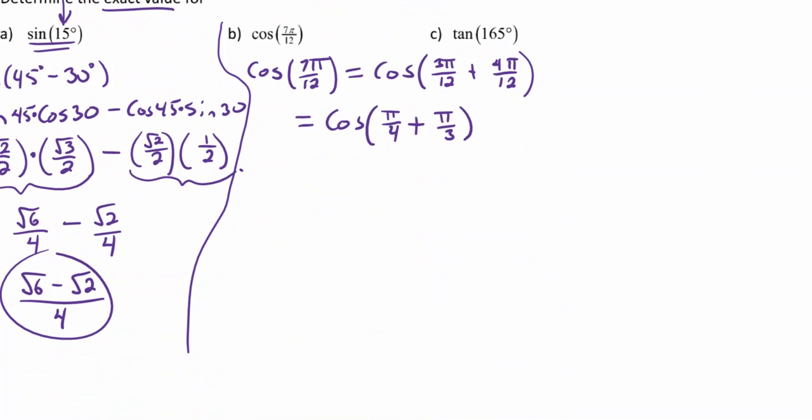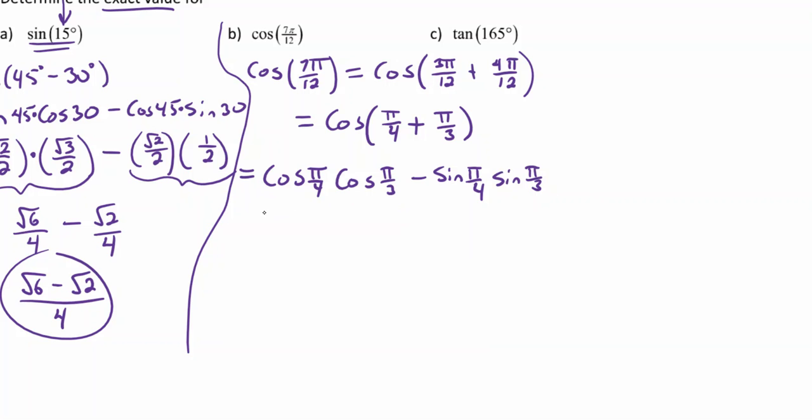Okay, so I'm going to write this over here, as much room as we can. So this will be cos pi over 4 times cos pi over 3 minus sine pi over 4 and then sine pi over 3. Okay, so now the good news is I know what all these things are, so I can actually put in an actual value for them.